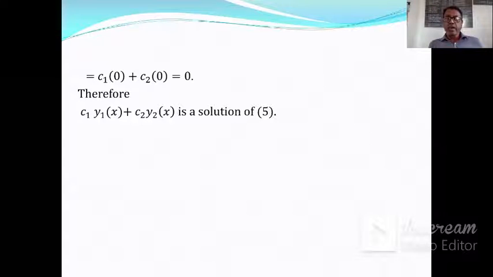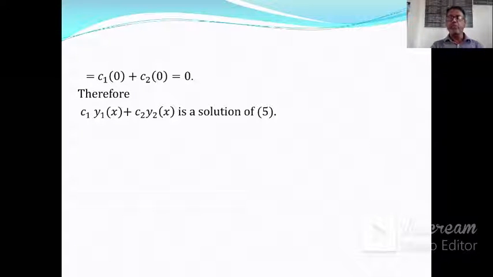Therefore, by the definition, we conclude that C1 y1 of x plus C2 y2 of x is also a solution of equation 5, that is, of the nth order homogeneous linear differential equation with constant coefficients.